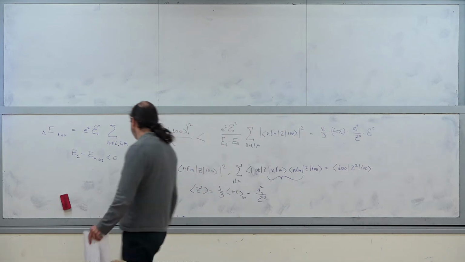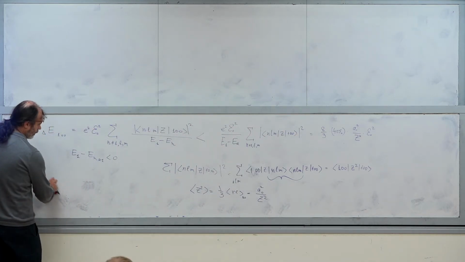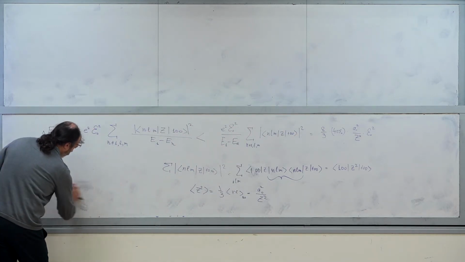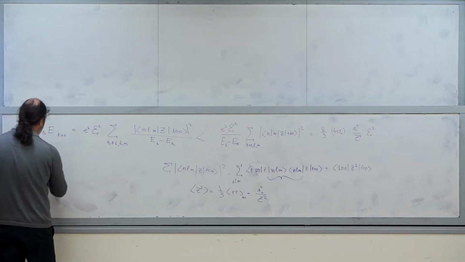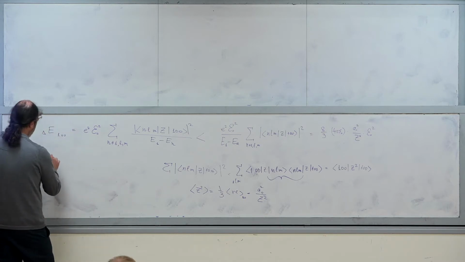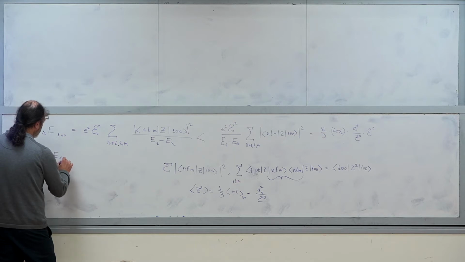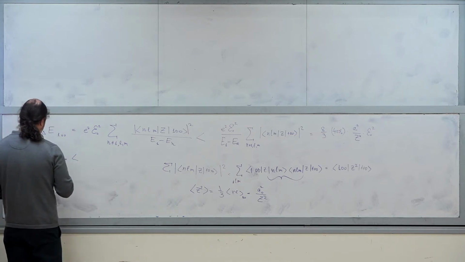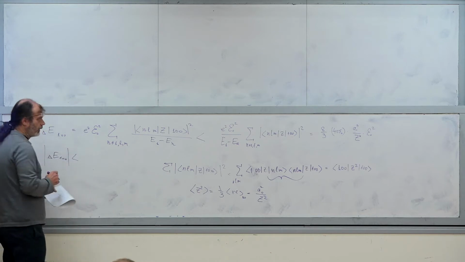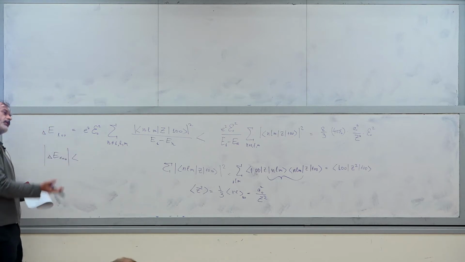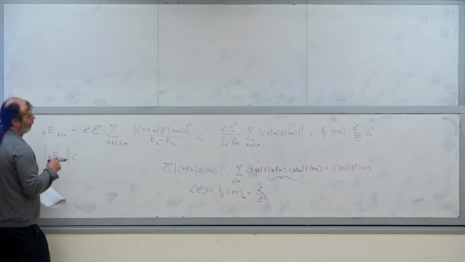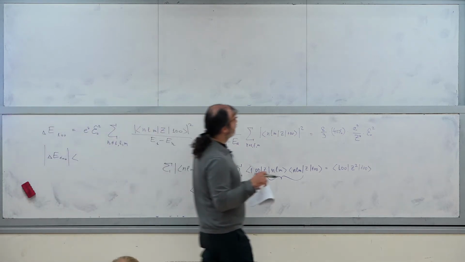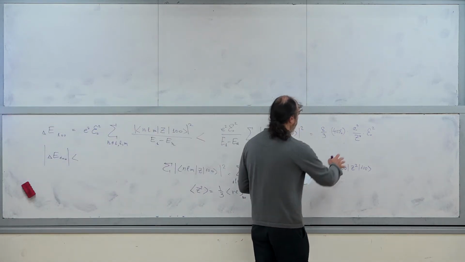So this means that we expect this delta E 100 to be smaller. Let's take it as a modulus. We know that it shifts up the energy, so it should be smaller than this.